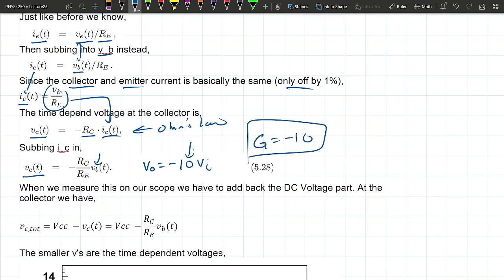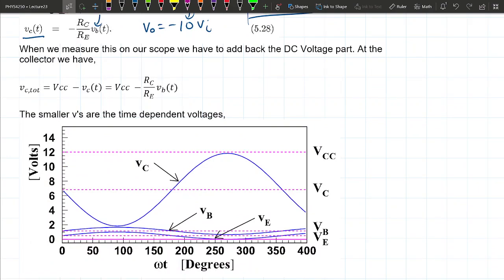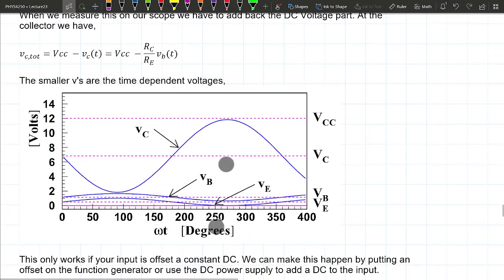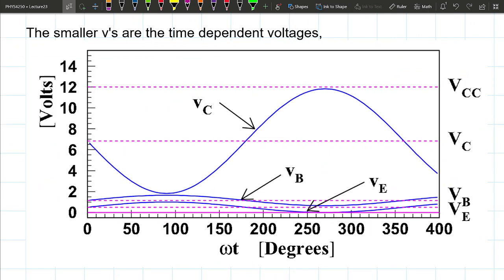So you just amplify your input by a factor of 10, but then it's upside down, unfortunately, because this is an inverting amplifier. Unfortunately, this looks a little funky because you have very small voltages here, but the output is going to give you a very large output because you just amplify it by a factor of 10.